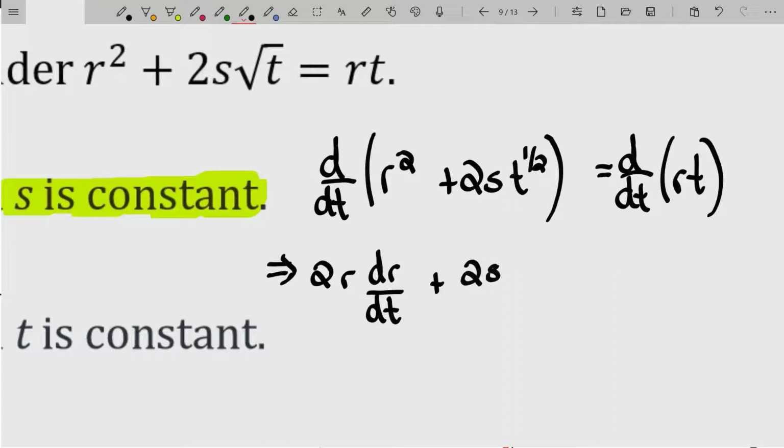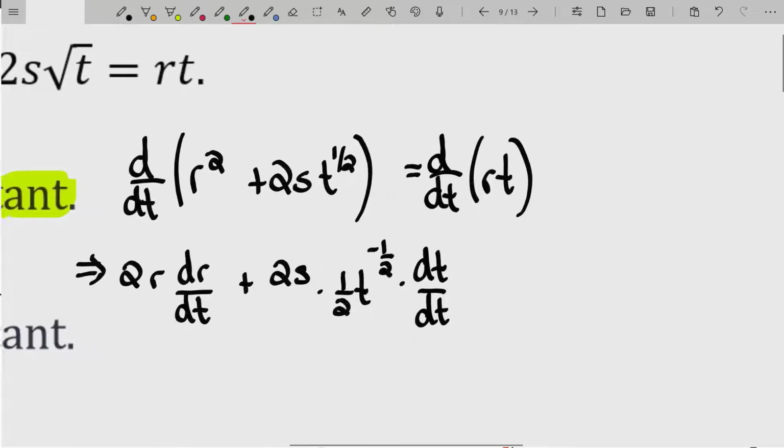Well, that's 2s times the derivative of t to the 1/2 with respect to t. The derivative of t to the 1/2 is 1/2 t to the -1/2. And if you really wanted to, you could say times the derivative of that t, but you're taking that derivative with respect to t. So that's going to be a 1, but you could totally do that if you want to.